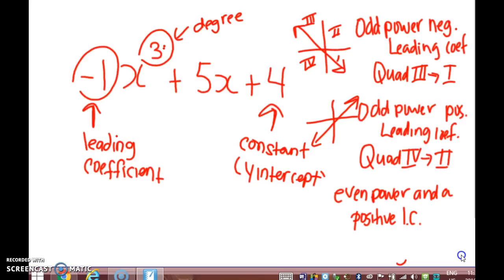Say I had 2x to the 4, an even power and a positive leading coefficient. I always make it look like a smiley face because when you're positive, you're smiling. So that is quadrant 2 to quadrant 1.